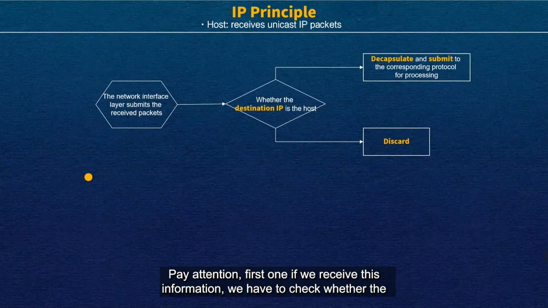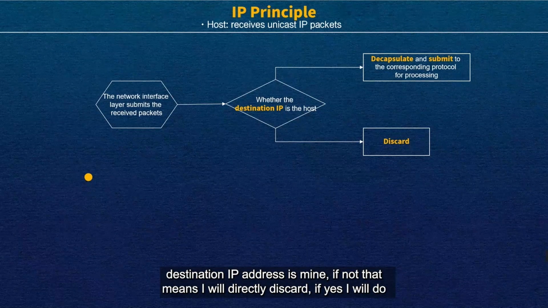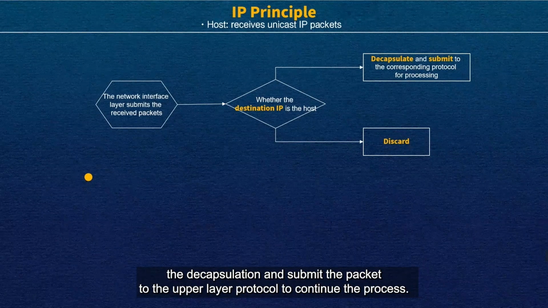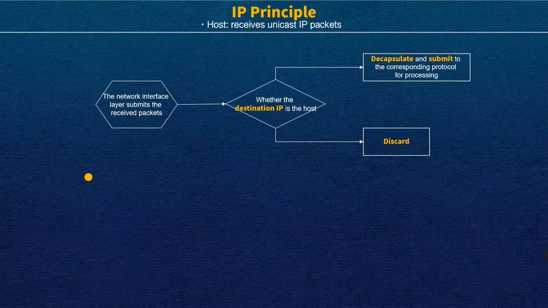Pay attention. First, if we receive this information, we have to check whether the destination IP address is the host's. If not, I will directly discard it. If yes, I will do the de-encapsulation and submit the packets to the upper layer protocol for processing.